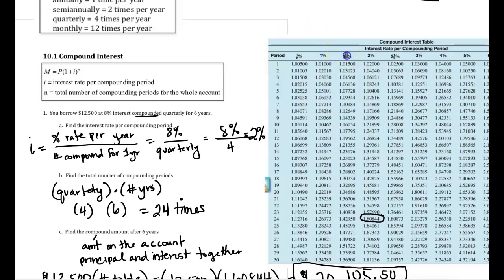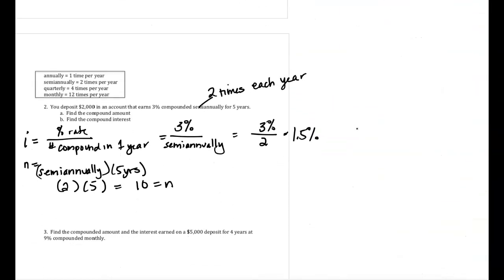This time we're looking at 1.5% for the column, and we're also looking at the row that was 10 times, and where those intersect is 1.16054. So the number from the table is 1.16054. And that's what we're going to use to multiply by our deposit.